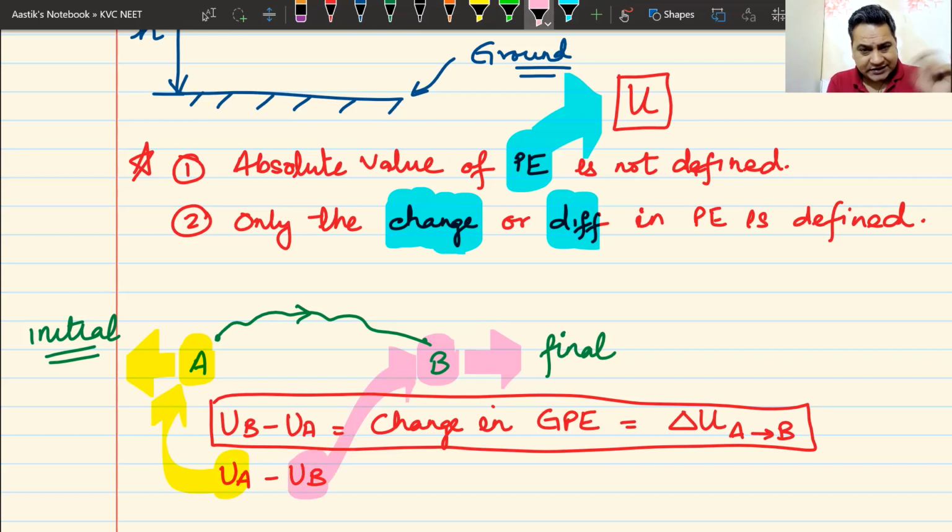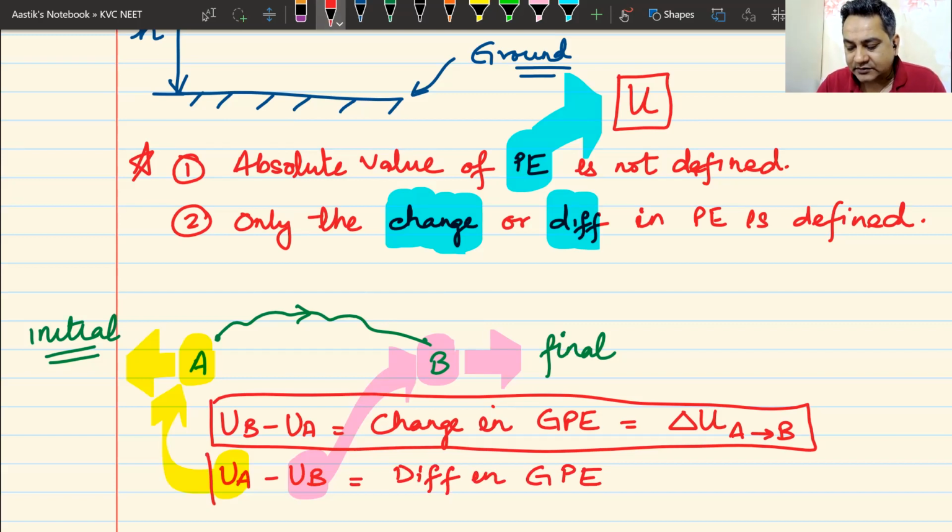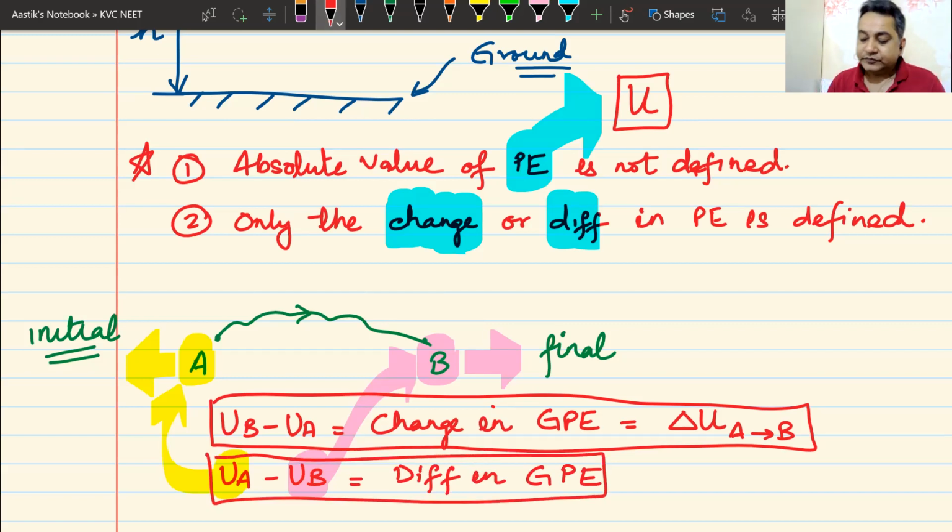U means energy, UA is energy at point A, UB is energy at point B. UB minus UA is the change in gravitational potential energy, and UA minus UB would be the difference in gravitational potential energy. Am I clear with this? That is how change or difference in gravitational potential energy would be defined by me.